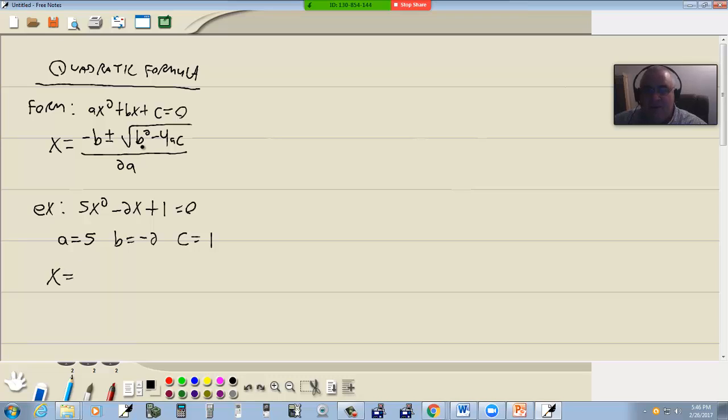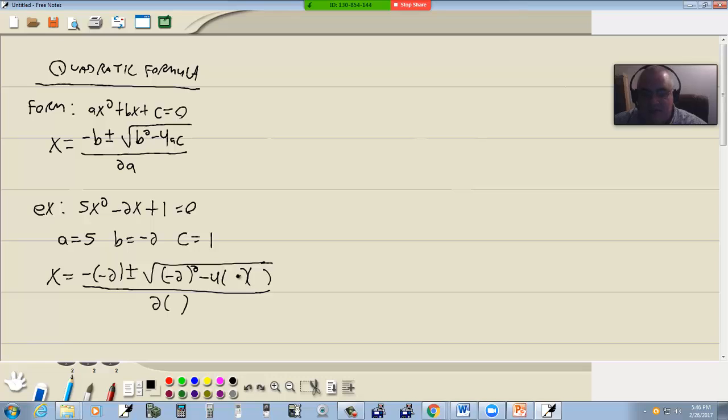Now I'm going to go to my quadratic formula. I'm going to replace all my variables with sets of parentheses. So I got negative b plus or minus square root of b squared minus 4 times a times c all over 2a. Now b we said was negative 2, so everywhere I had a b in my formula I put in negative 2.